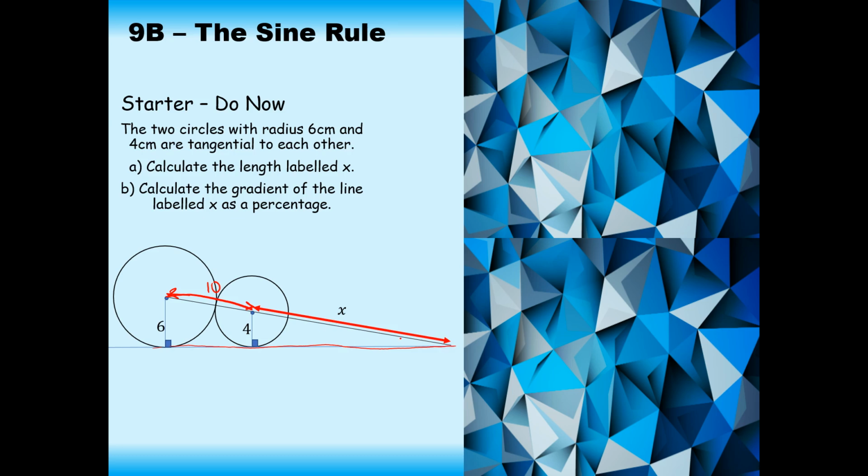So if I label this angle theta, the ratio of the side opposite to the hypotenuse, 4 over x, must equal the sine of theta in the larger triangle, because this ratio is called sine theta.